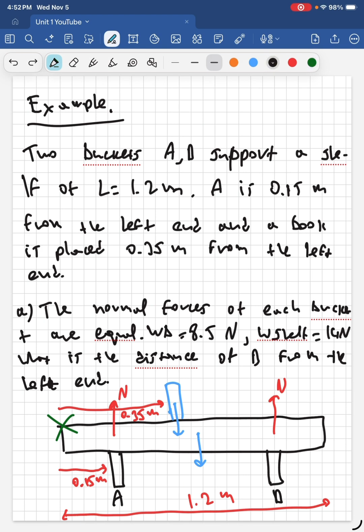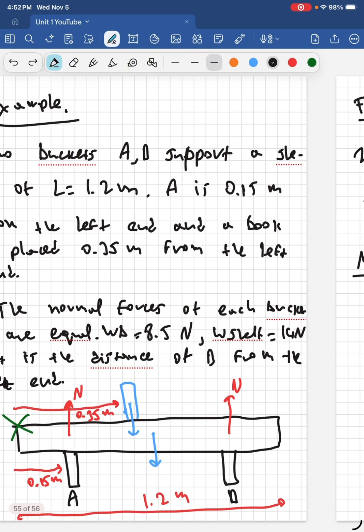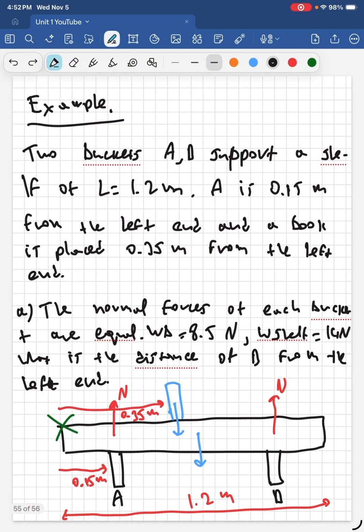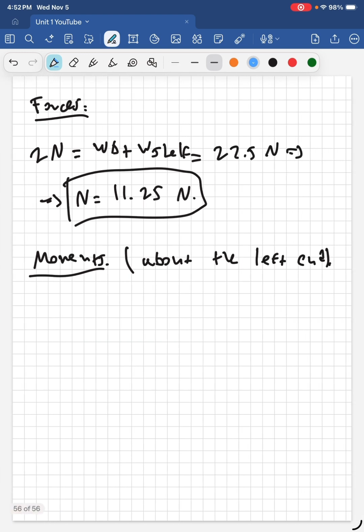So anyway, if we apply it from the left end, these forces want to turn it counterclockwise, whereas the force from the book and the shelf itself want to turn it clockwise. Okay, so we have to balance those moments.